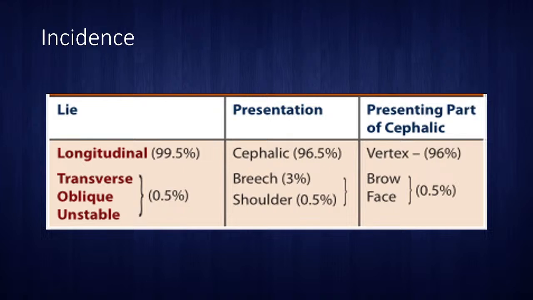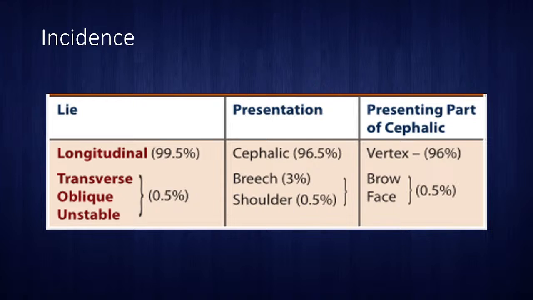So what is the incidence of breech presentation? Here, what are the incidences of all the types of presentation? One thing is lie. Lie you must be knowing. Lie means how the fetus is positioned in the uterus in relation to the maternal pelvis and the spine.